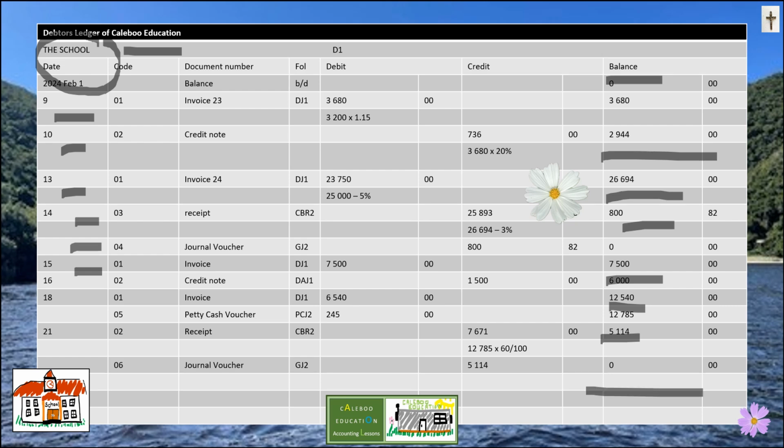This here is an example of an account in the debtors ledger. We will do a debtors ledger, like I said, in the future. Look out for it.